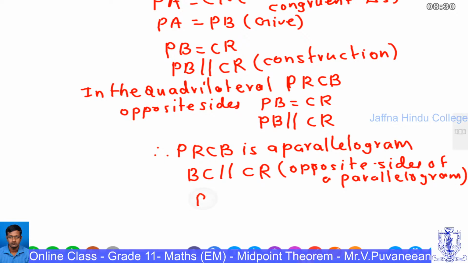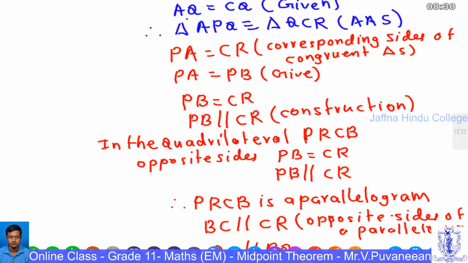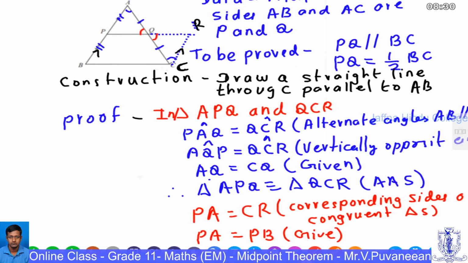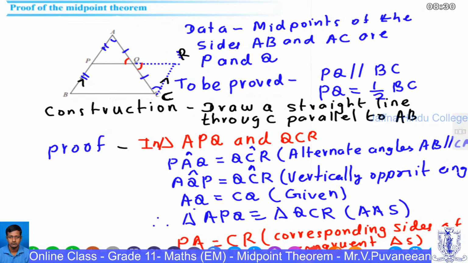So BC parallel to PQ. PQ is a part of CR. So BC parallel to PQ. One thing proved. Next, we have to prove PQ equal to half BC.